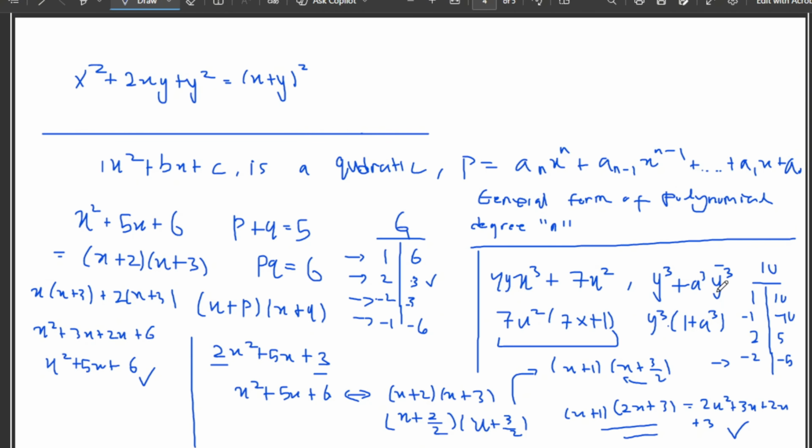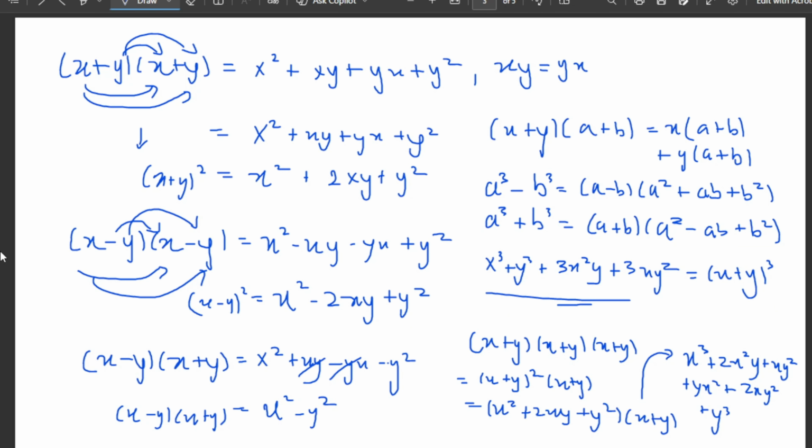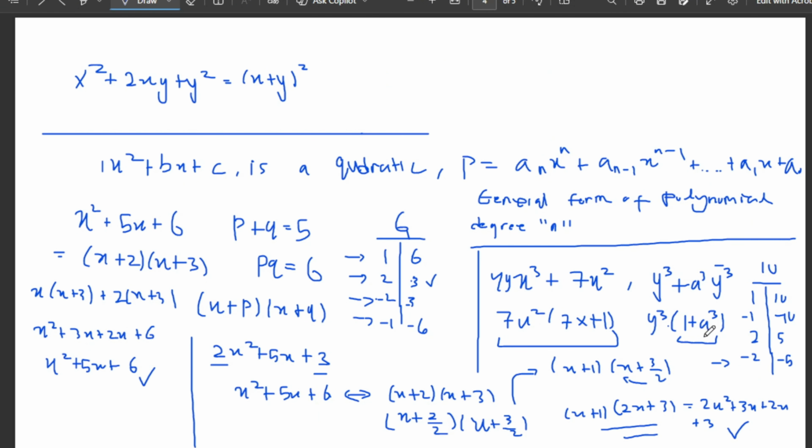The greatest common factor is y cubed. And we can use the formula, this formula, to find the factor form of 1 plus a cubed. Or we just directly use this. So this becomes y cubed times the factorized form of a cubed plus 1.